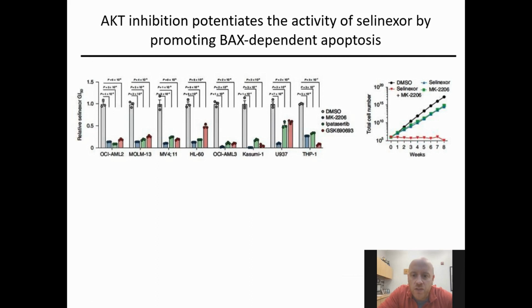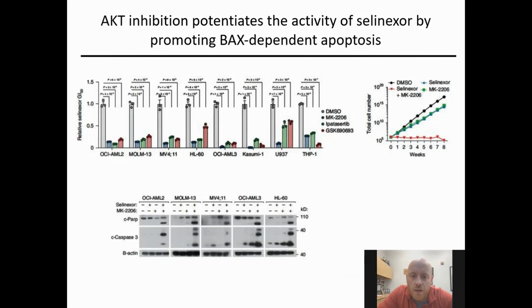And we find that these results over time lead to a suppression of outgrowth of selinexor-treated AML cell populations in vitro. This suppression of outgrowth and sensitization is associated with the induction of mitochondrial apoptosis, as visualized by caspase and PARP cleavage.